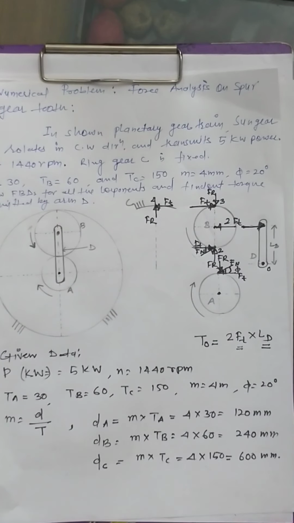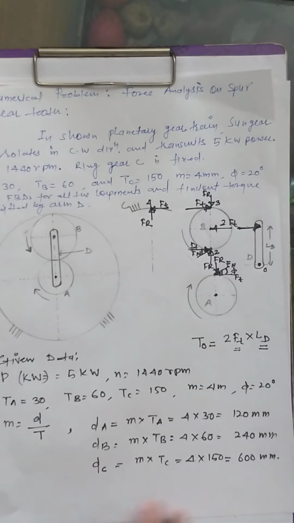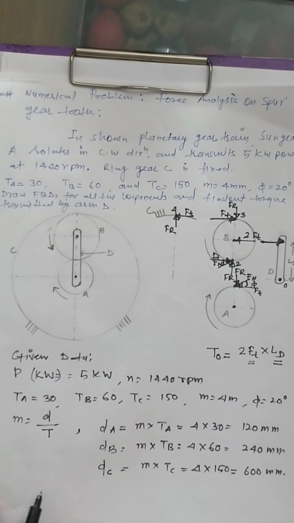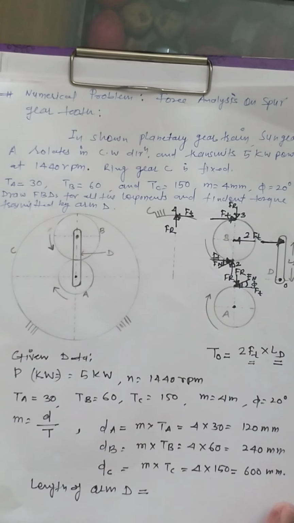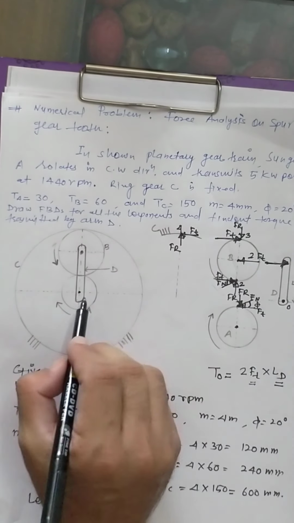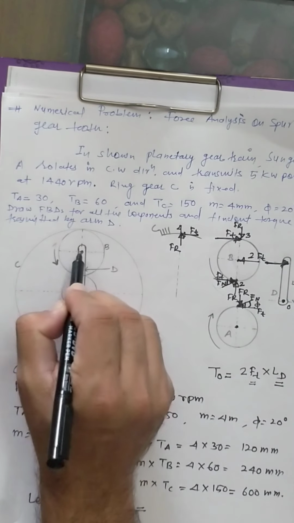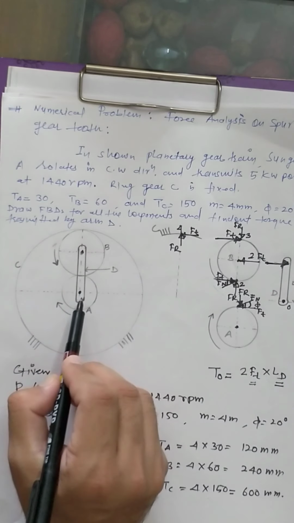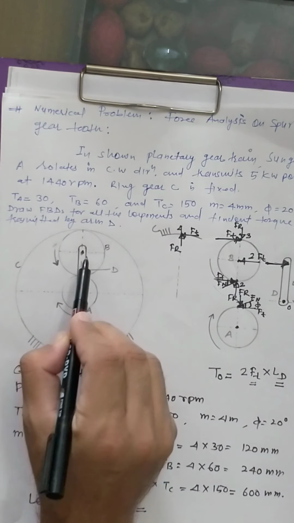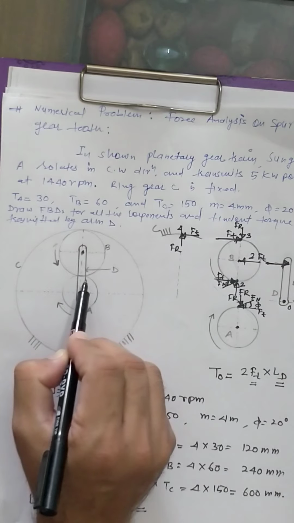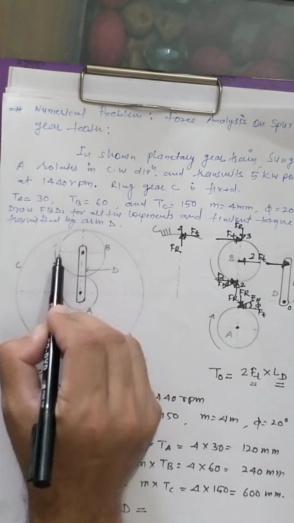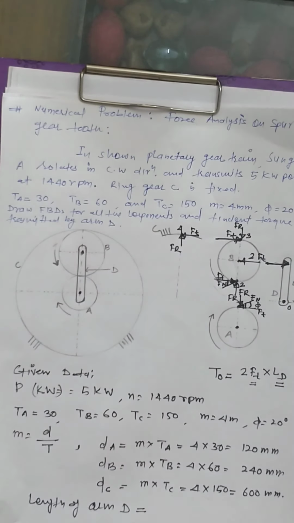Now the length of arm D can be given by, see from this figure, the length of arm D from this point to this point is the sum of the radius of gear A plus the radius of gear B, or you can say the diameter of gear A plus diameter of gear B divided by 2.